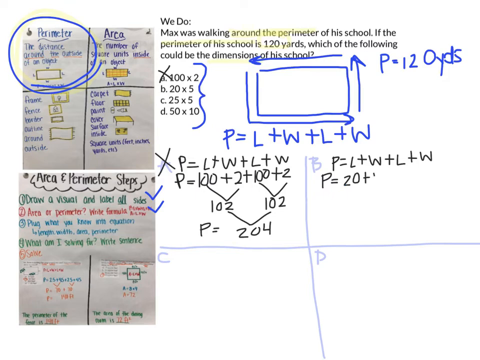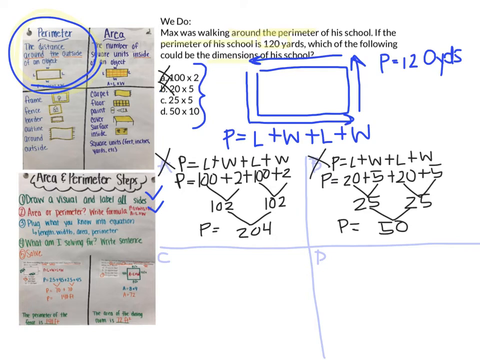My width is 5. So again, we can add to solve. 20 plus 5 is 25. And 25 plus 25 is 50. So perimeter is equal to 50 yards. Looking for a perimeter of 120. So we can eliminate B.